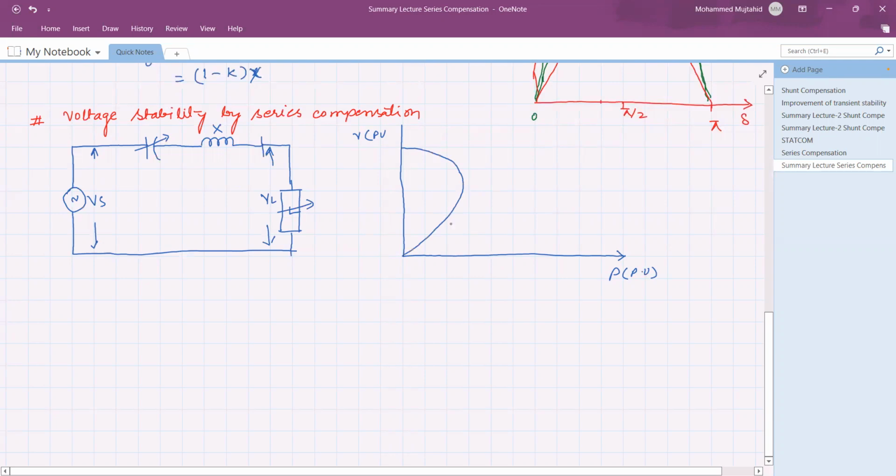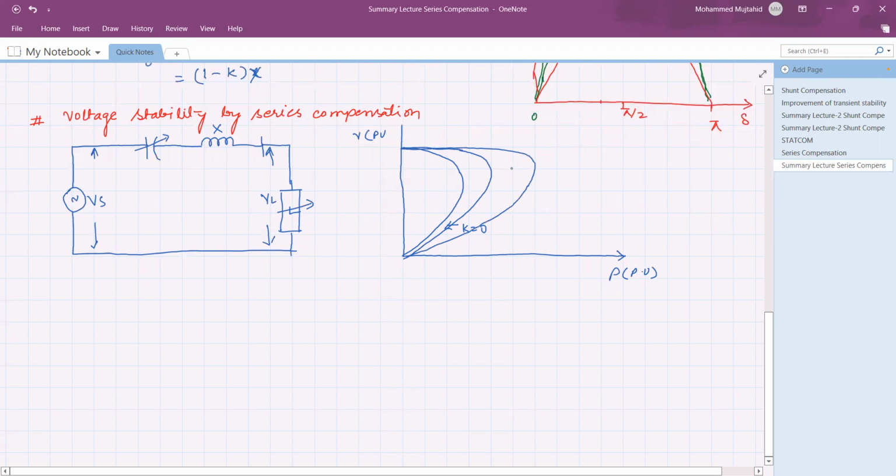So this is when K is equal to 0. But if you increase the series compensation by increasing the value of K, the voltage will remain constant, and the maximum power handling in PU also increases.